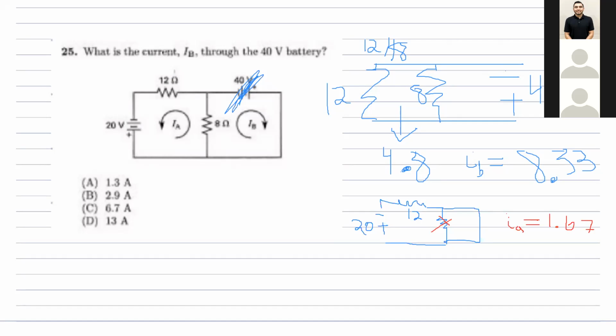So now we just do IB minus IA. That's going to be these two subtracted, IB minus IA, and that's going to give you 6.7.